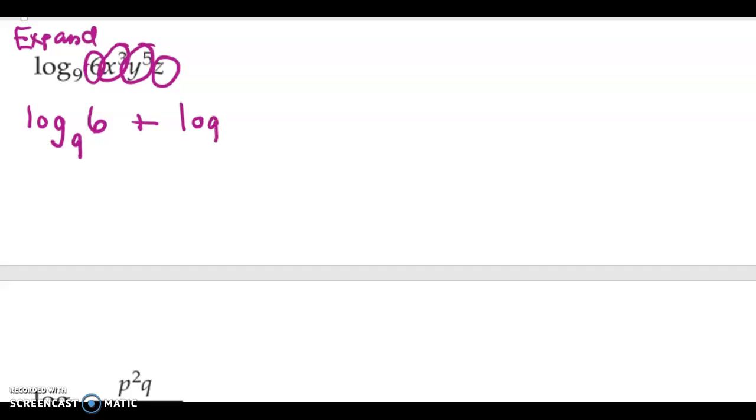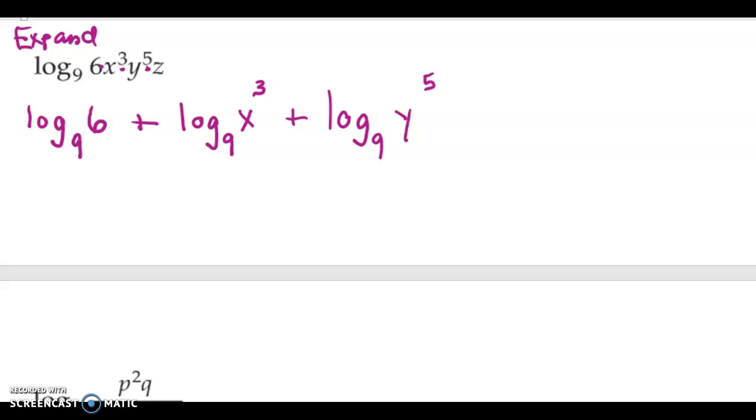Log base 9 of x cubed. I'm multiplying, so it'll be plus again. We're multiplying, multiplying, multiplying. So plus log base 9 of y to the 5th, multiplying, so plus log base 9 of z.